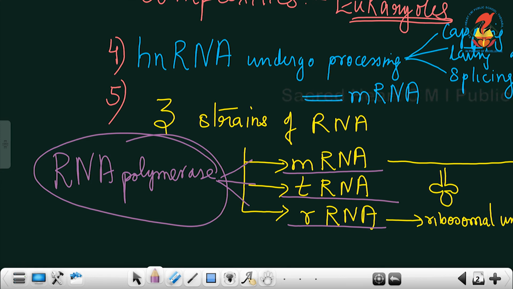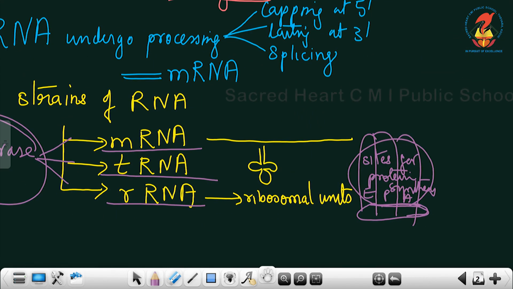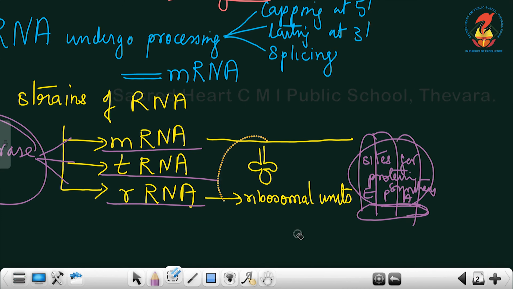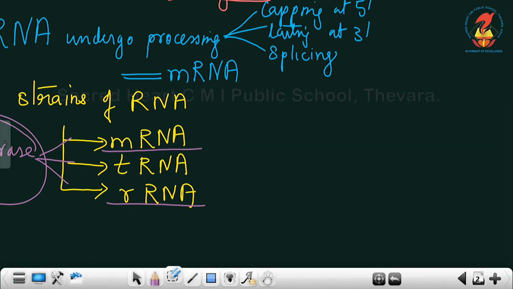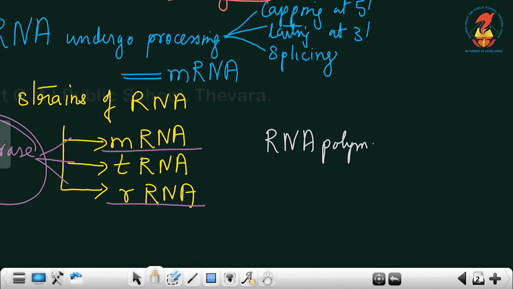Whereas in eukaryotes, we need 3 different RNA polymerases to synthesize the 3 strains of RNA. They are, easy to remember, RNA polymerase 1, RNA polymerase 2, RNA polymerase 3. So 3 different RNA polymerases are required for the synthesis of the 3 strains of RNA.